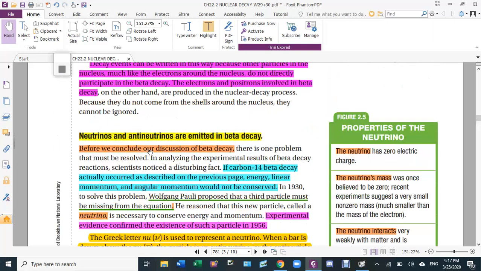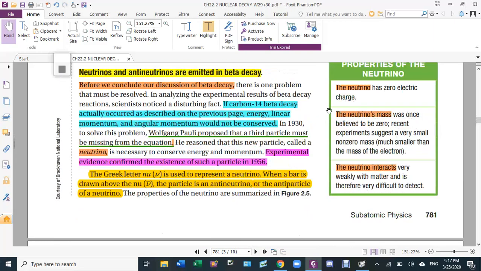Now, there are some properties of the neutrino. Number one, the neutrino has zero electric charge. Number two, the neutrino mass was once believed to be zero, but recent experiments suggest a very small non-zero mass, much smaller than the mass of the electron.